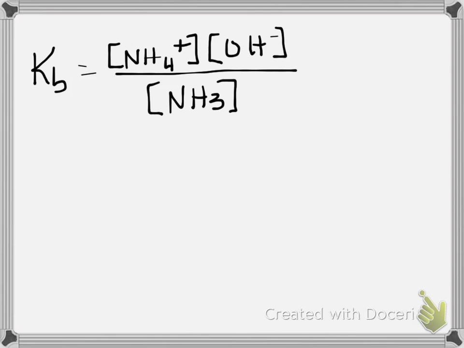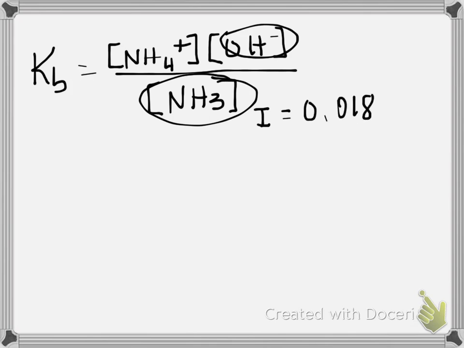So in order to solve this, we need to know all of these values at equilibrium, and we don't necessarily know all of that. What we do know is the OH concentration at equilibrium. The problem told us that it was 5.6 times 10 to the negative 4. We know that the NH3 begins, the initial value is 0.018. So we need to figure out all of the values at equilibrium, and the best way to organize our thoughts on this would be a Rice table.